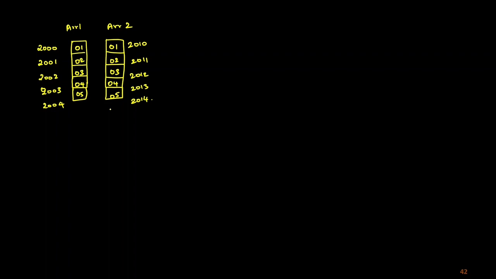Now I have to add those elements. I don't have any instruction to add two elements like this, where both are in memory locations, such as 2010, directly. This can be your destination and this is your source, but I don't have any instruction like this.